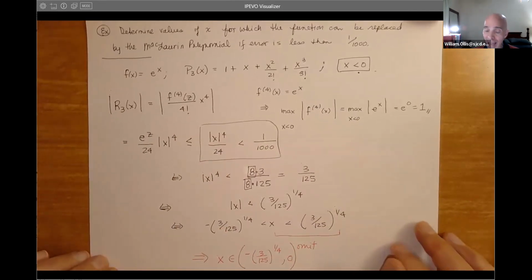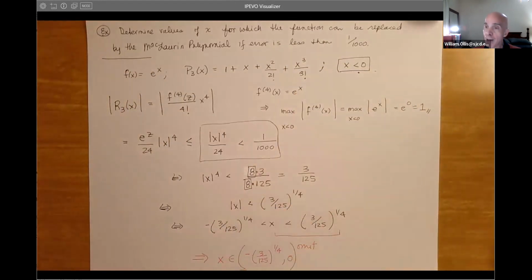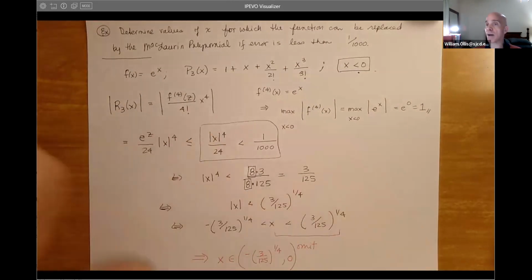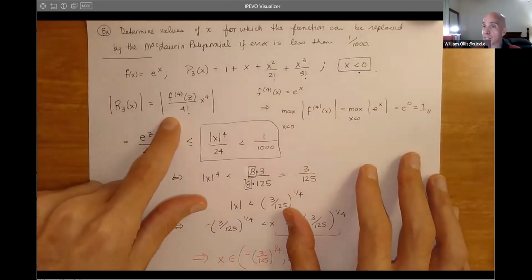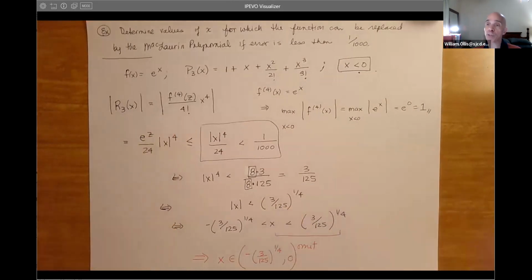So I hope I've gotten you at least entrenched in the idea that Taylor's theorem basically is a treatise on how good is the approximation. Look at the remainder. When we can, this analysis is fine. However, this analysis may be exceedingly difficult for certain functions. And so we'll have to try another approach to get at the answer.